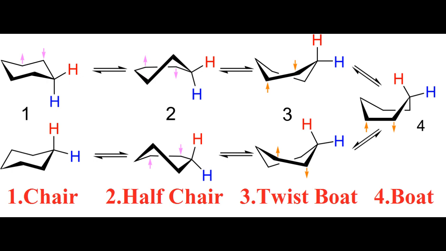In the next operation, when the half chair is converted into the twist boat conformation, the hydrogen which was in equatorial position in the half chair form has been converted into axial position, and this trend continues in the series of next operations, and when we reach the inverted chair, which is at the bottom left, the hydrogen indicated in red is in the axial position.